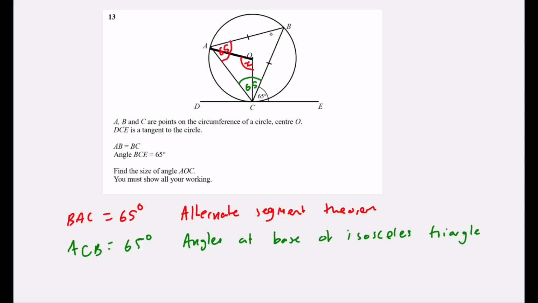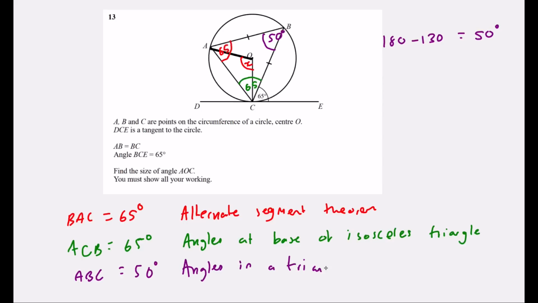Then we can find the missing one using angles in a triangle. So 65 and 65 is 130. 180 take away 130 is 50 degrees. So ABC is 50 degrees because angles in a triangle add to 180 degrees.